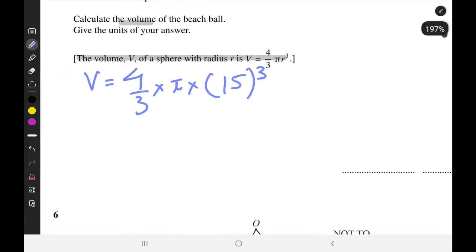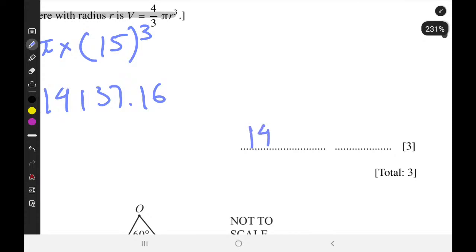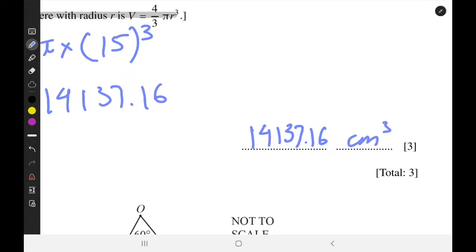Let me calculate it by calculator. 4 upon 3 multiplied by pi multiplied by 15 cube. So it is 14137.16. Alright, so this is going to be centimeter cube.